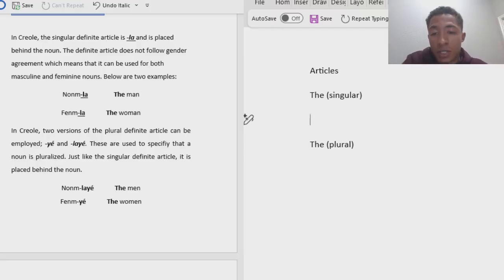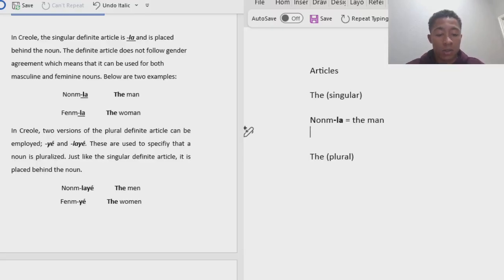As you can see on your left side, you have nom, which is your noun, and then you have this little hyphen, and this hyphen leads to the definite article, which is la, nom la, the man. Or you have, for instance, femme la, which is the woman.